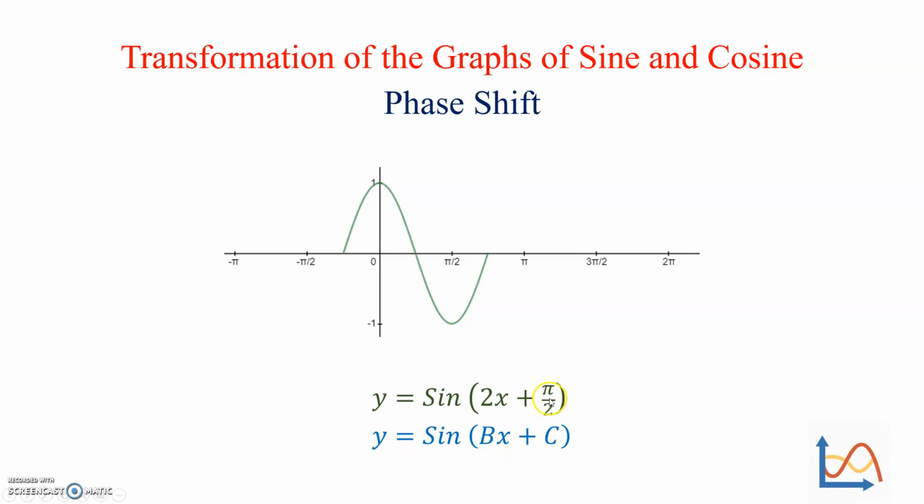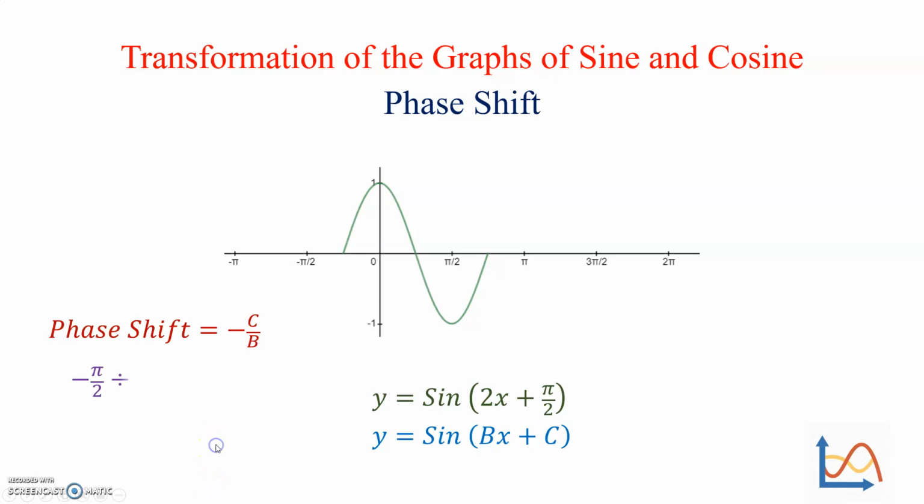Okay, we got our B, we have our C, and the formula for phase shift is negative C over B, which essentially says change the sign of the C and then divide by the B. Again, change the sign of the C and then divide by the B. And that will indicate what your phase shift is. So this will help, in one clean swoop, determine where your graph actually will begin.